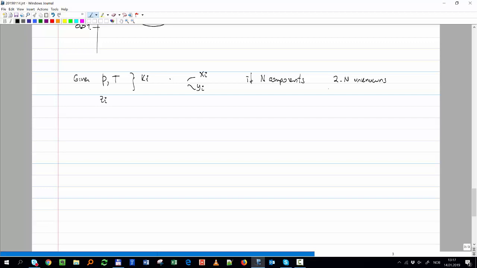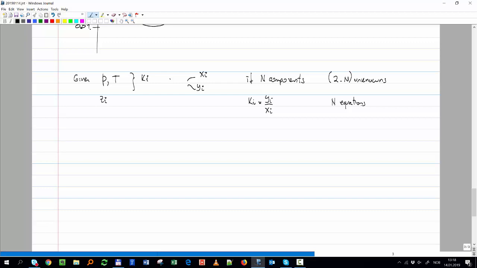So how many equations do we have? Well, we have a series of equations, Ki equals yi divided by xi. If Ki is given, then I have n equations.